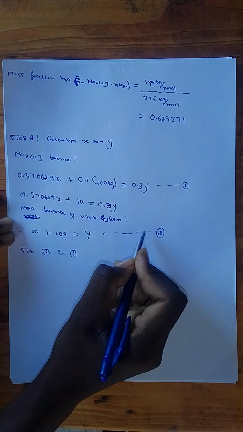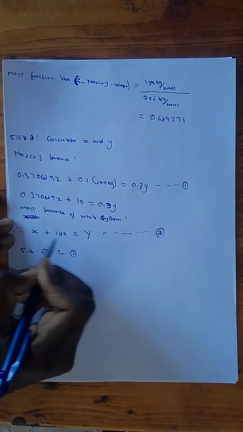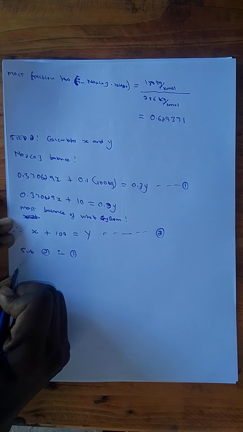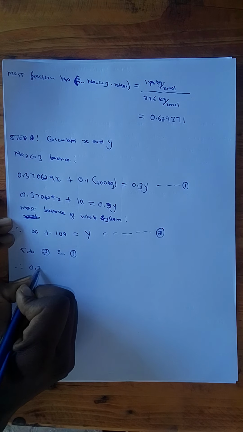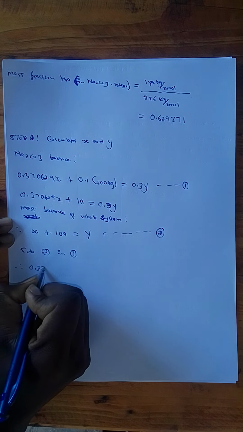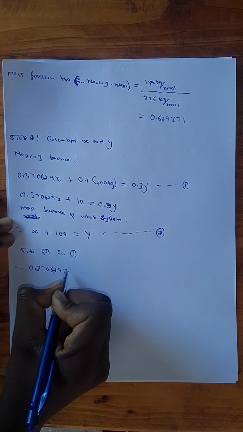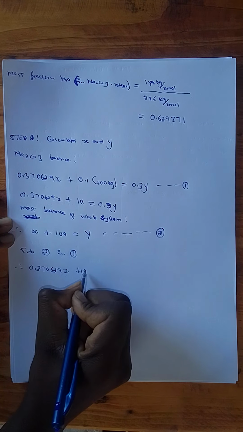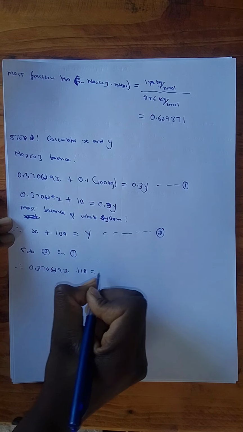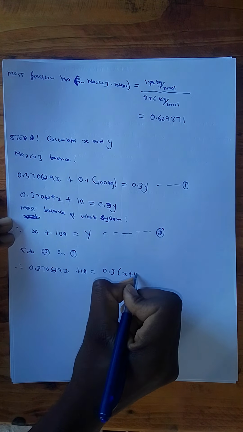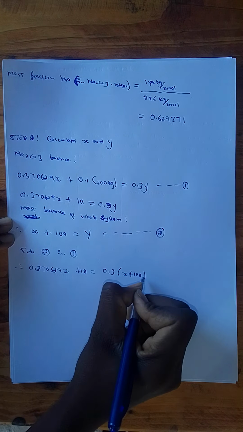We can substitute this one in here. Remember, we know y equals x plus 100. So with that said, we have 0.37062x plus 10 equals 0.3 times x plus 100.